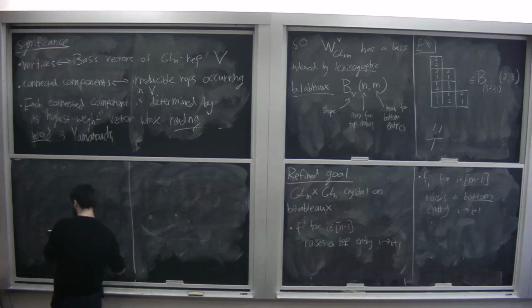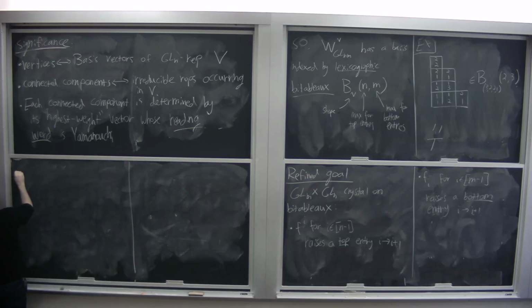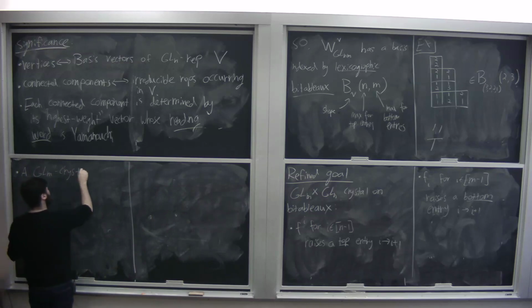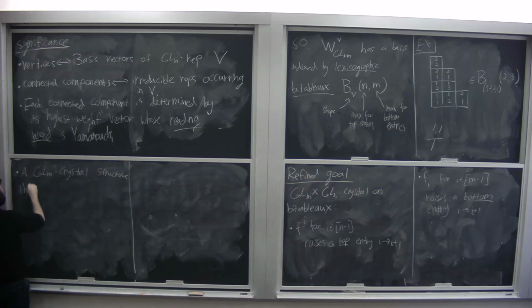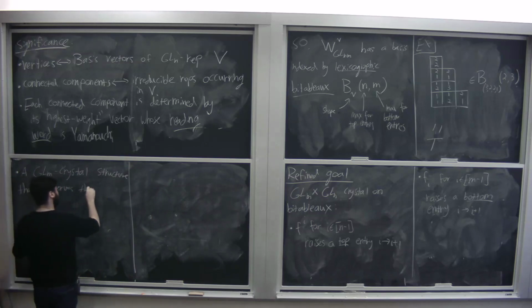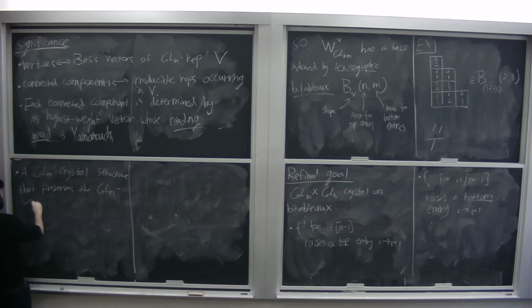And so the reason we like this construction is this is a GLM crystal structure that preserves the GLN weights. This is something that's absolutely necessary if you're going to want two things that commute.